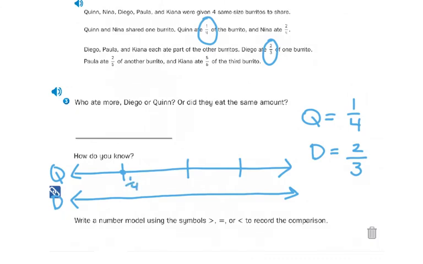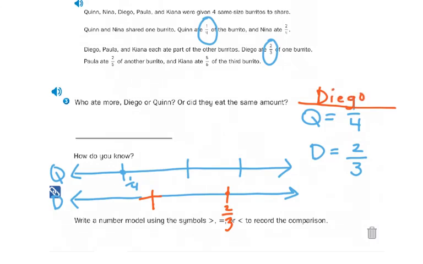Diego is in thirds. Here would be 2/3, not 1/3. So 2/3 would be here. So you could show a comparison like that. So obviously, which one is more, 1/4 or 2/3? Well, 2/3 is, so that means Diego ate more.